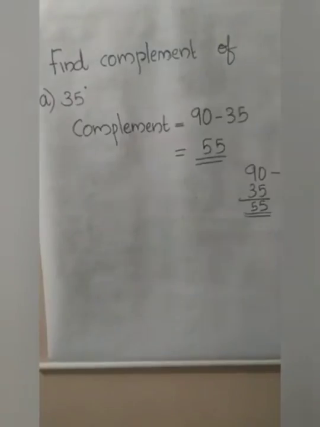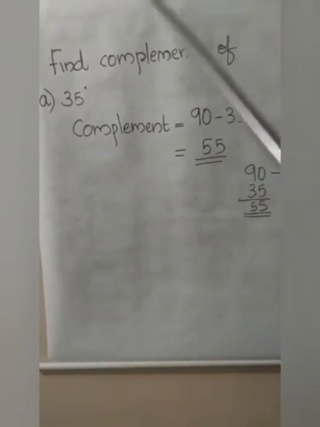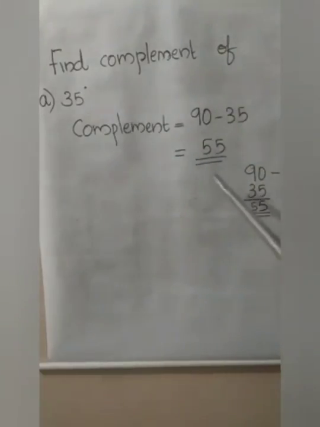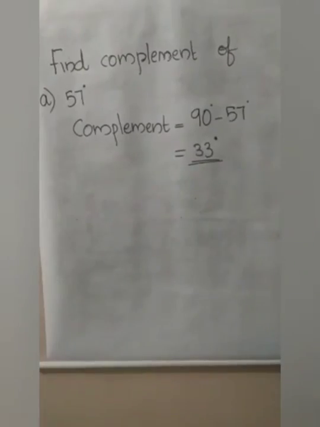So how will you find the other angle? In order to find the complement, we subtract from 90. 90 minus 35, what are we getting? 55. So the complement of 35 is 55. If the question is to find the complement, what do you have to do? Subtract from 90.